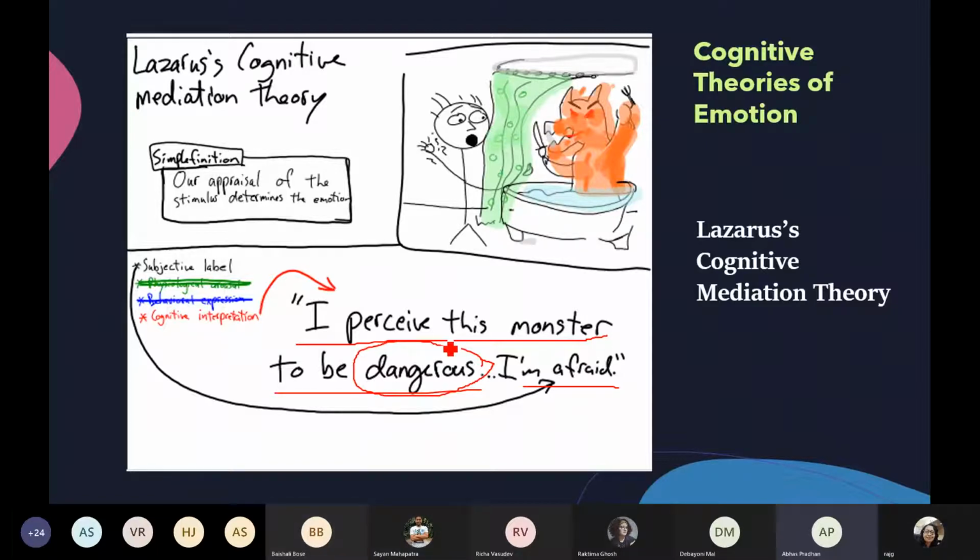Yes, I'll give you a simpler example. If somebody abuses you, बहुत गाली दिया, what is the emotion you feel? Anger. Why? These are just words.